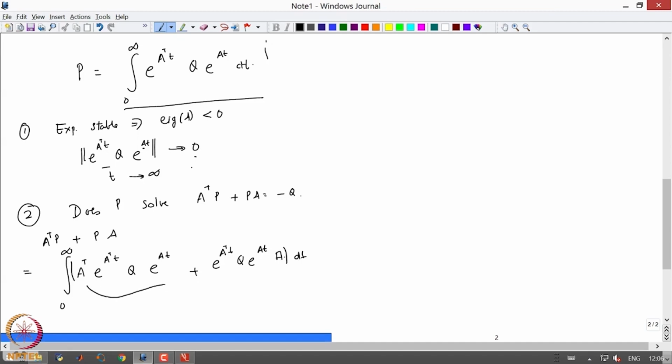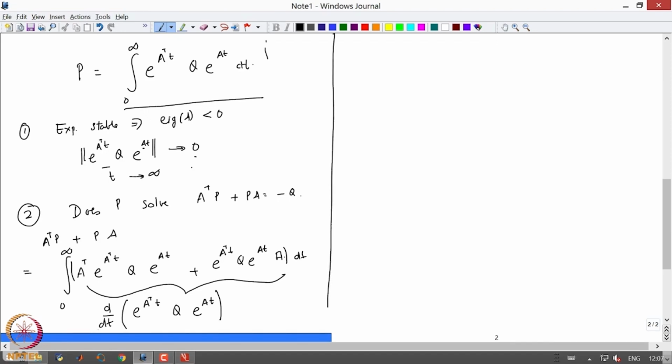Closely look at this quantity inside the bracket.